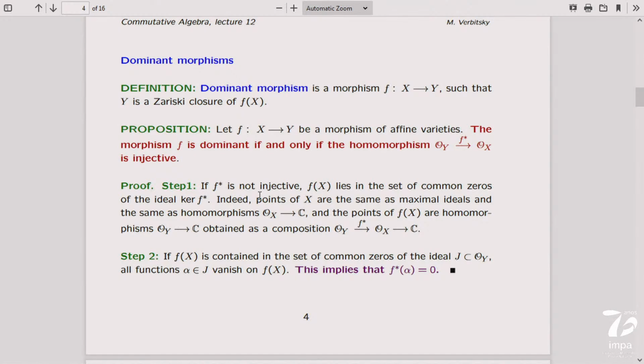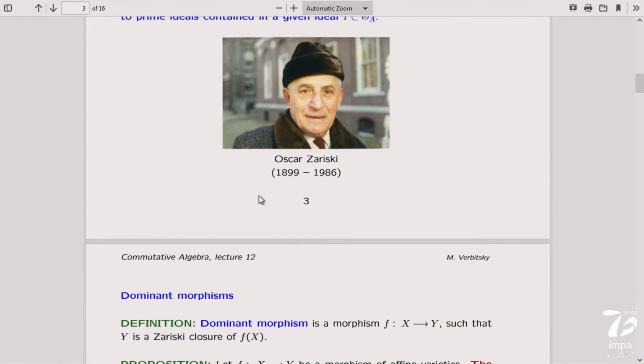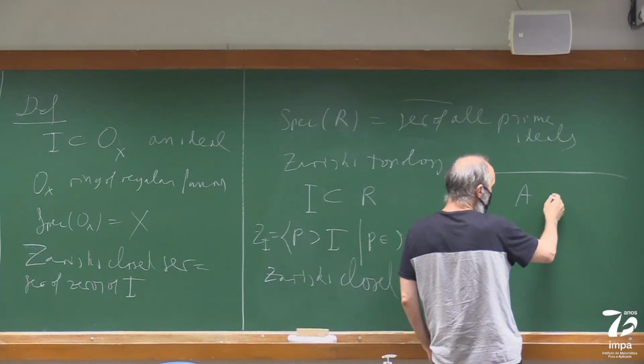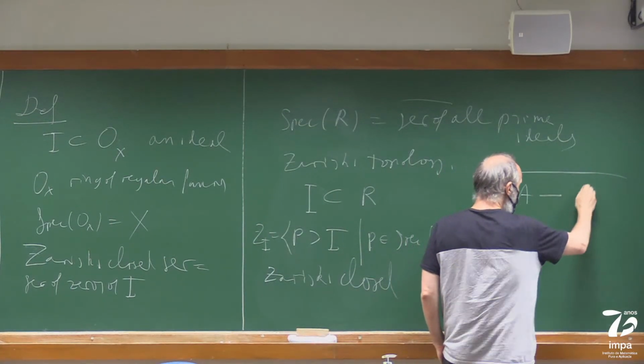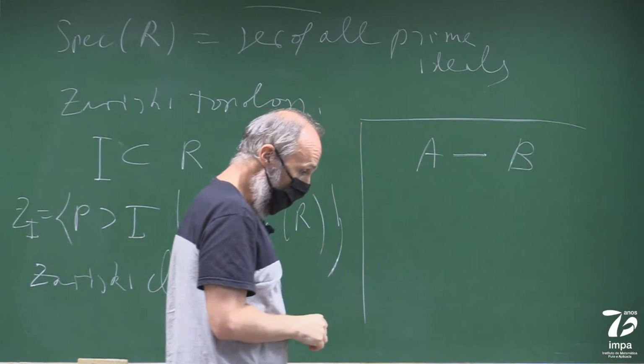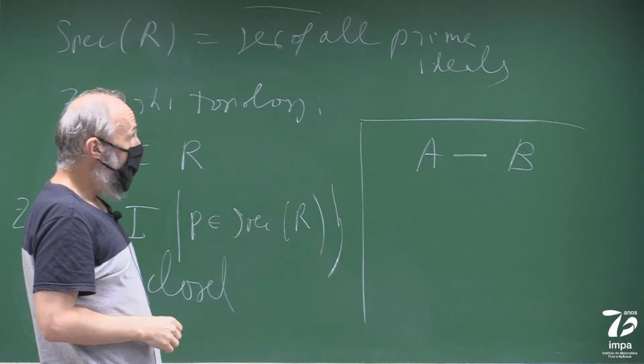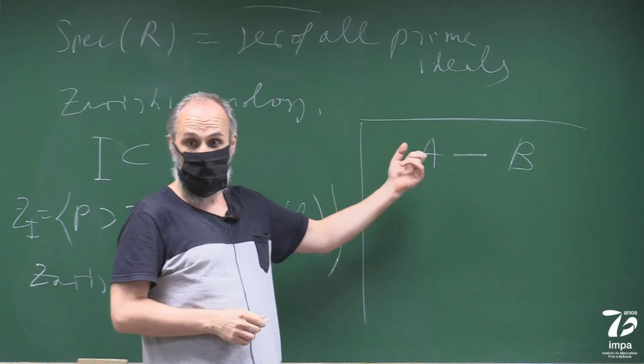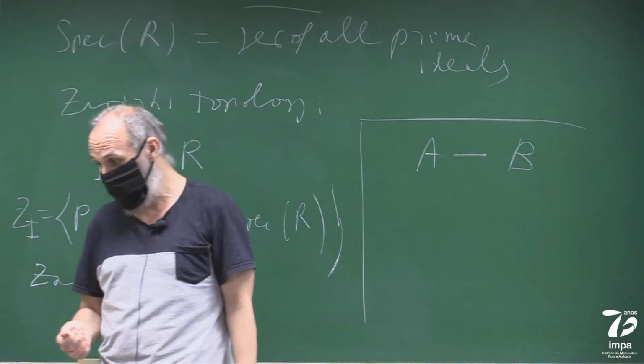So why do you want prime ideals? It's very simple. It's important, thank you for asking this. Consider a homomorphism of rings, A to B. Generally speaking, the preimage of a maximal ideal is not maximal, it's prime. It's not hard to see that.